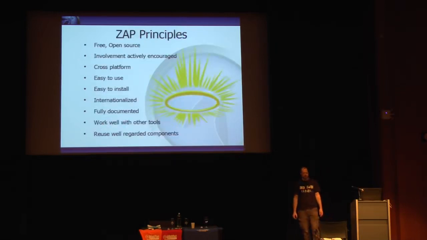So we do have some principles, which makes us a little bit different from some commercial projects. It is free, open source, as I've mentioned before. And I want to stress that there is no pro version, there will never be a pro version. One of the reasons I stress that is ZAP is very much a community project. We actively want people to get involved. It is all about learning about security, and you can do that by using ZAP.